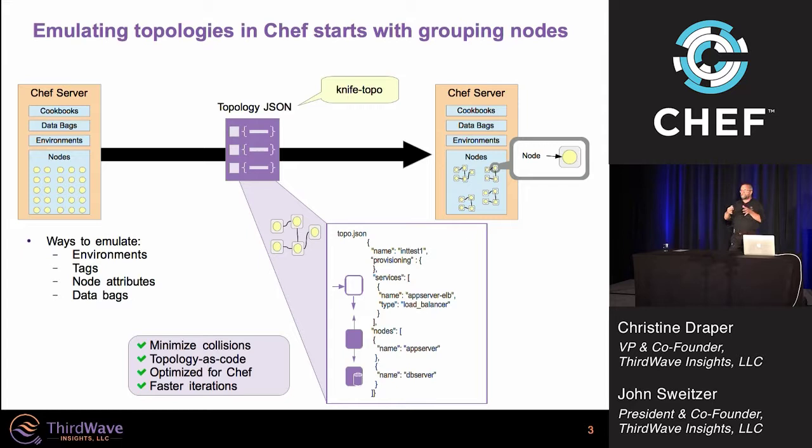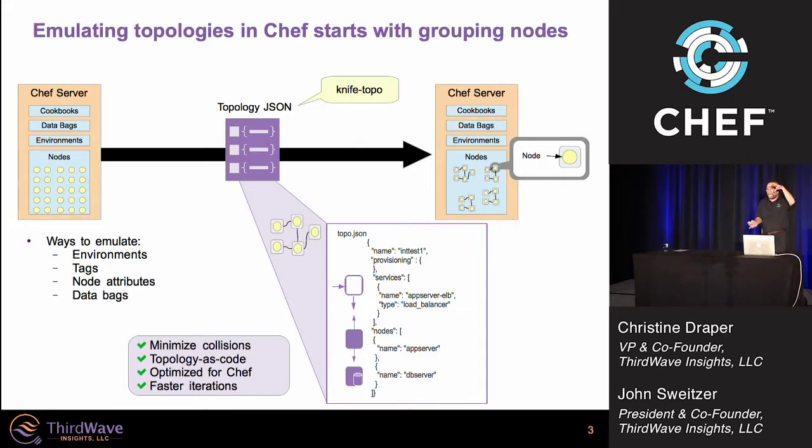One is, as we get into the scenarios, you're going to see that they deal with an organization that's been using Chef in a variety of ways, which means these mechanisms are probably already being used. So we wanted to minimize the collision with the way those mechanisms are being used today. We also wanted to have this notion of topology as code.